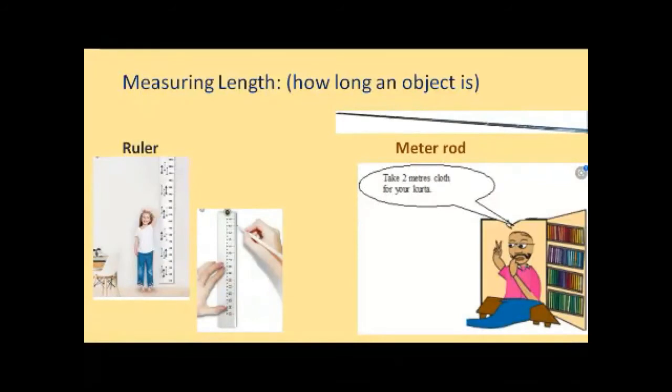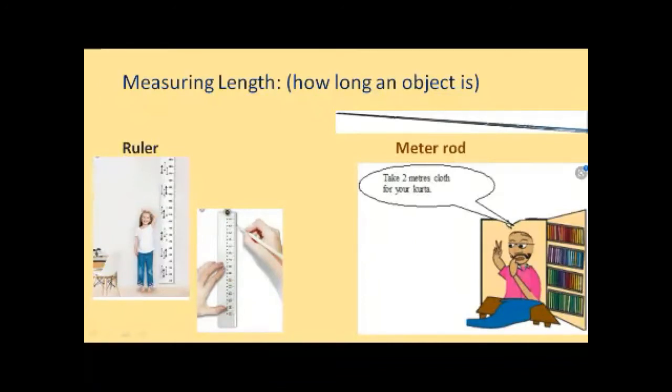For measuring length, how can you measure the length? But tell me the meaning of length first. What is length? Length means how long something is, how long an object is.